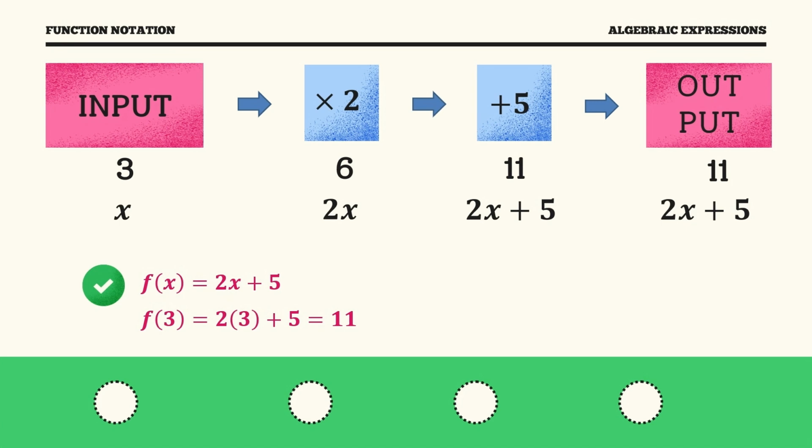All we need to do is replace all of the x with 3's. So it's 2 times 3 plus 5 equals 11, which we knew as our output.